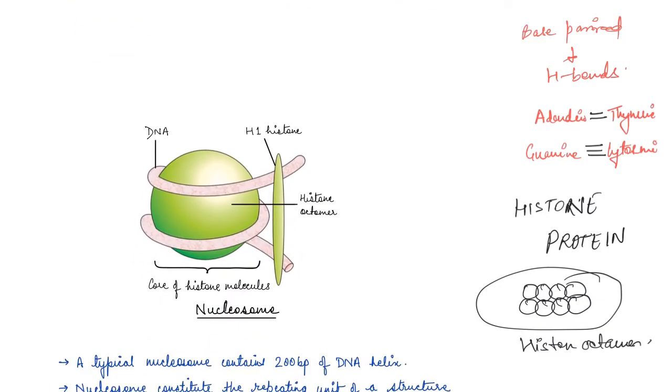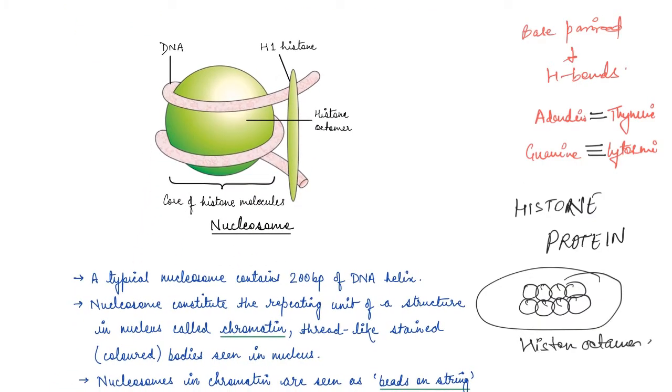So if you see the structure here as well of the nucleosome, in this structure what you'll see is that this is the histone octamer. This circle that you see is the histone octamer, right?